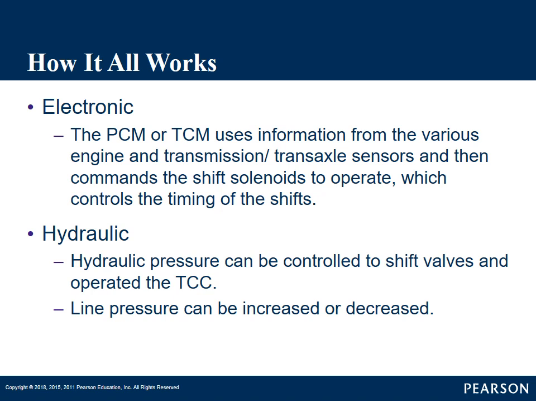And we're also using it to control our line pressure to either increase or decrease it. We're using this all together. Inputs go into the transmission, there's data stored on it, they process that stored data with the inputs, and then they control their outputs. And those outputs are the pressure in the transmission, our shift points, and our lockup torque converter.